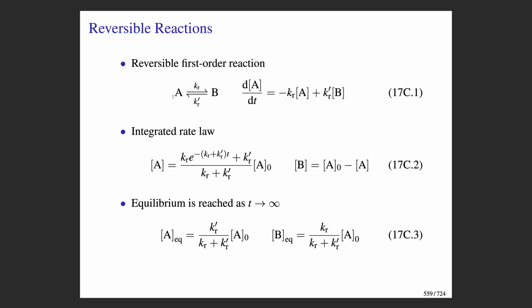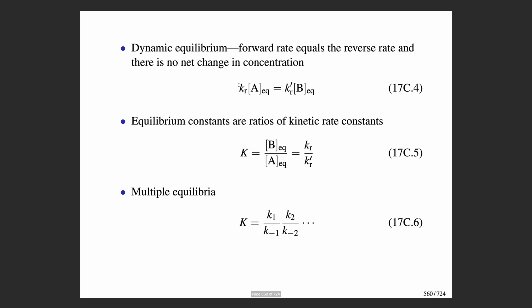Indeed, reactant A is constantly being converted into product B, and B is constantly being converted back into species A. However, these two reactions occur with the same rate. Therefore, there's no net change in the overall macroscopic concentration of species A or B. And so that's what's written here. The forward rate equals the backward rate when the concentrations have reached equilibrium.